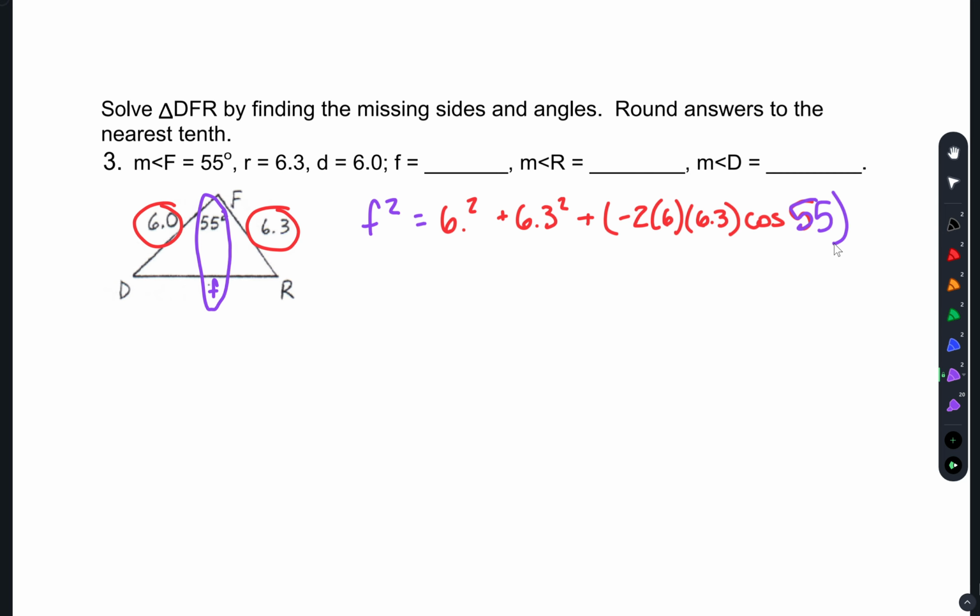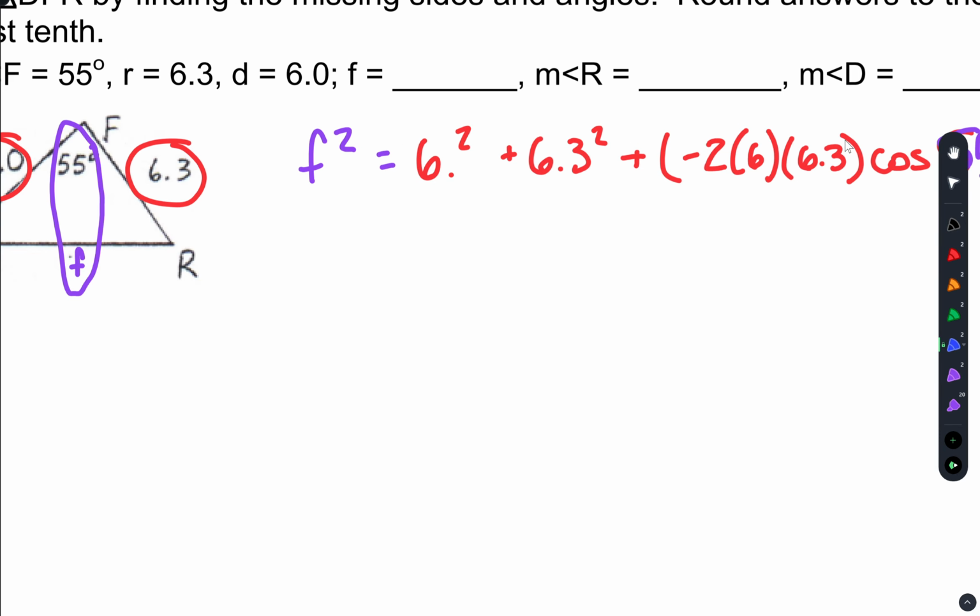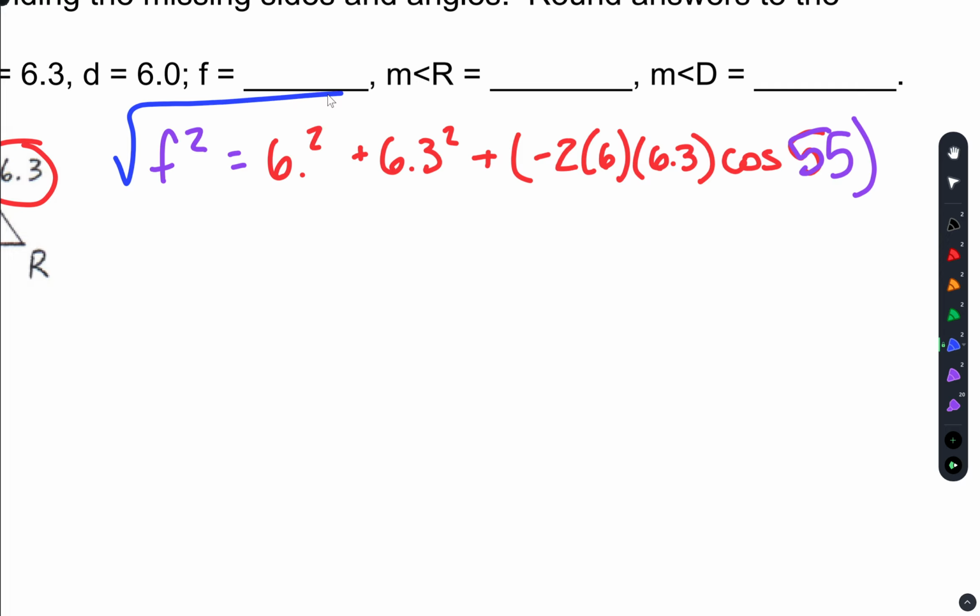Look at how that F and that 55 are on the ends. I'm not going to do more work than I have to. If you really want to simplify this a little tiny bit, you can. But you can also just square root this entire thing, which is what I'm about to do.